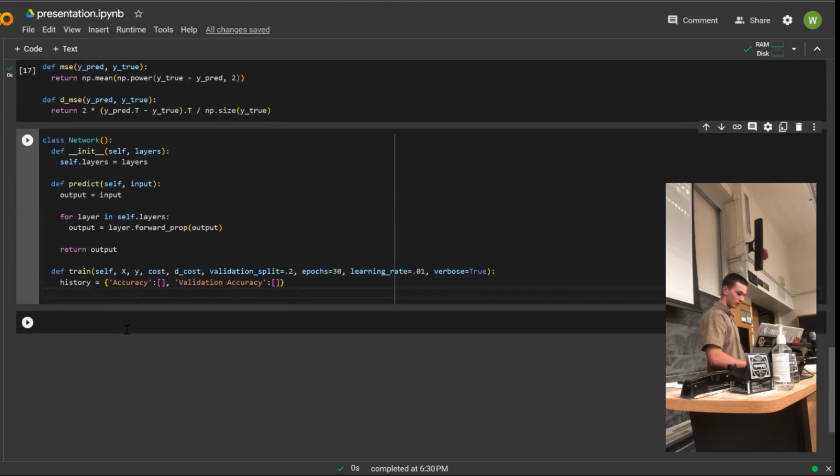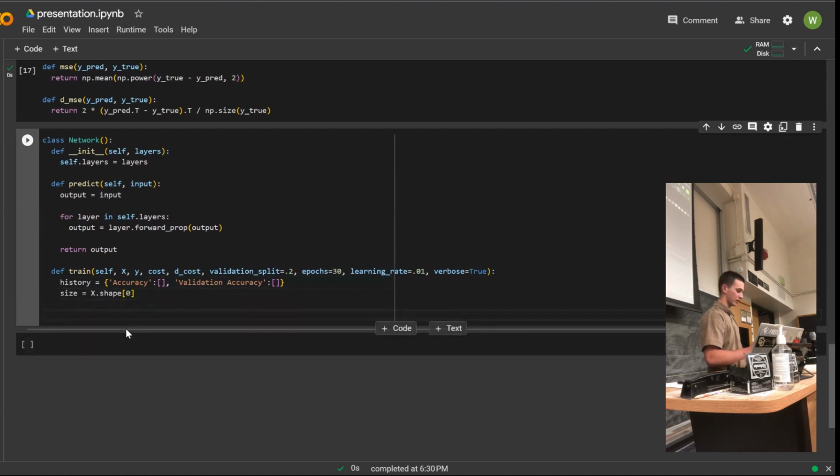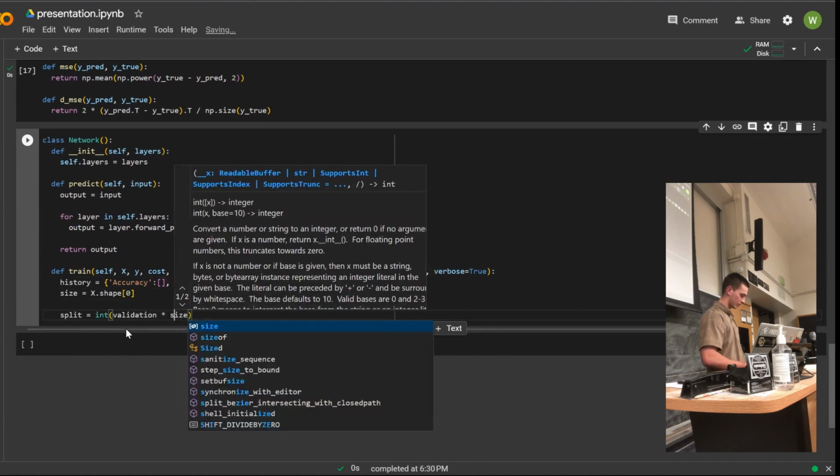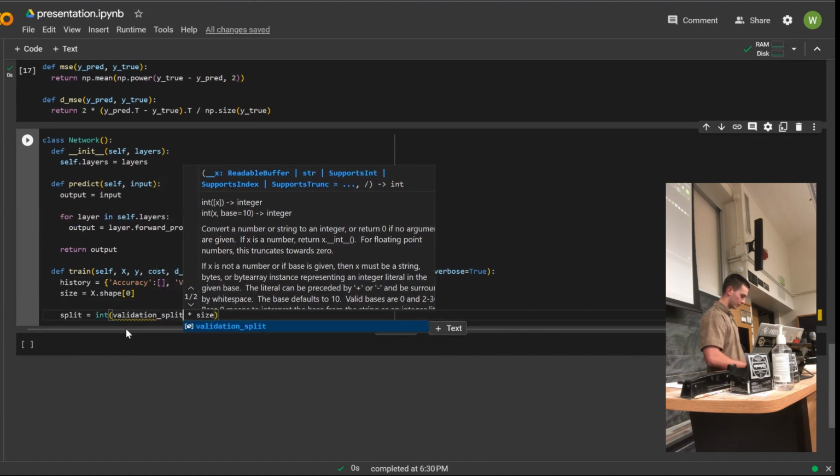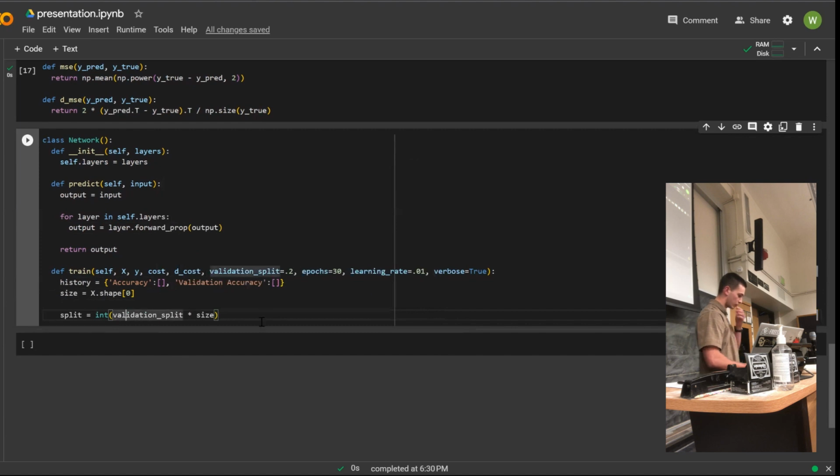Okay. And I'm going to get this size variable. That's just how many instances of data we have. Now I'm going to split our data, I'm going to get the size of our validation split. So this is going to be 0.2 times this size variable, right?